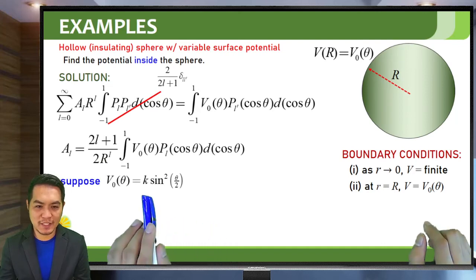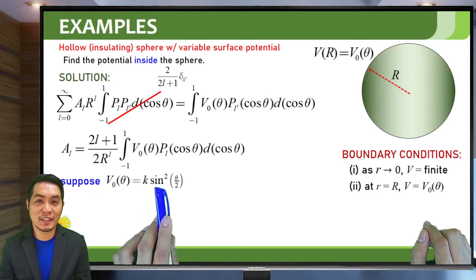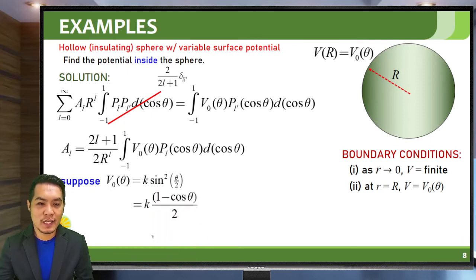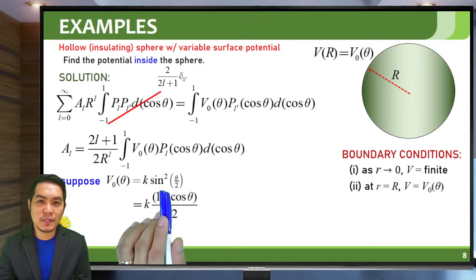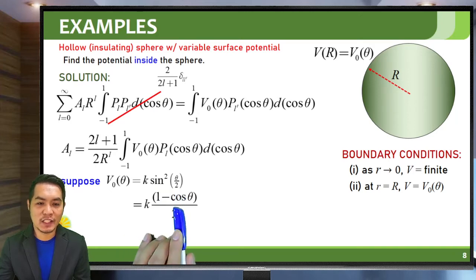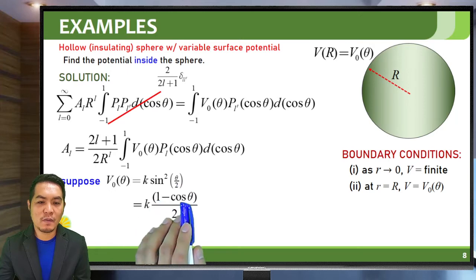So this means that we must convert this potential here, V naught, in terms of the Legendre polynomials. And how will we do that? First, to simplify this, we will use the relation of sine squared theta. Sine squared theta is 1 minus cosine 2 theta over 2. In this case, it's just 1 minus cosine theta over 2 because our angle is theta over 2. So we actually have k over 2 times 1 minus cosine theta.